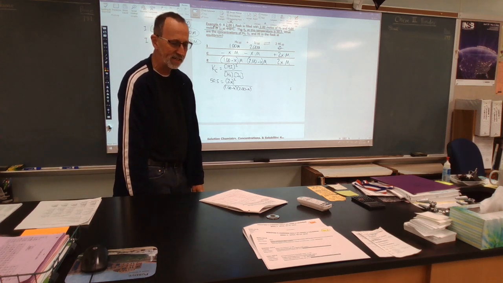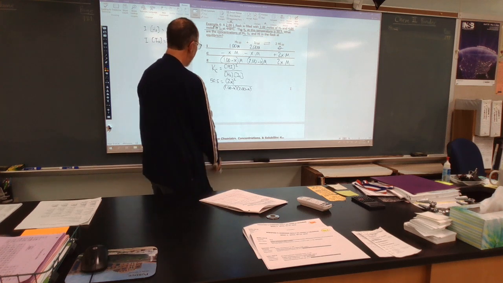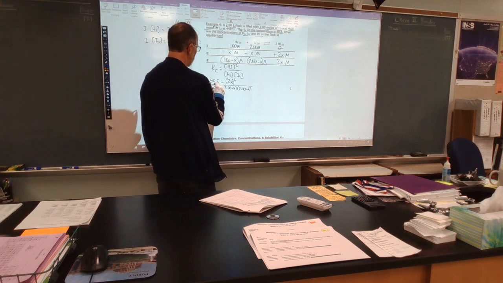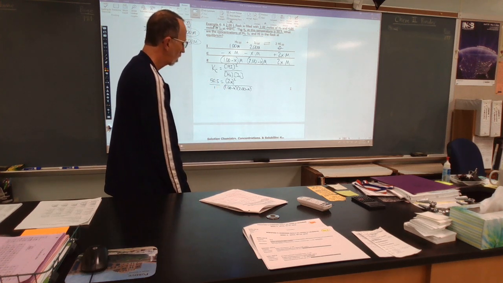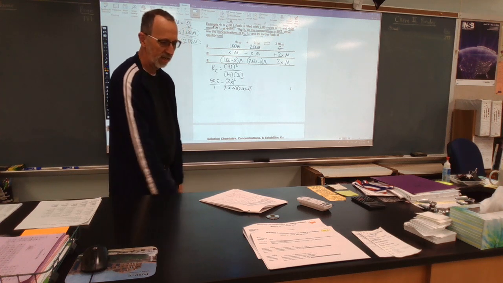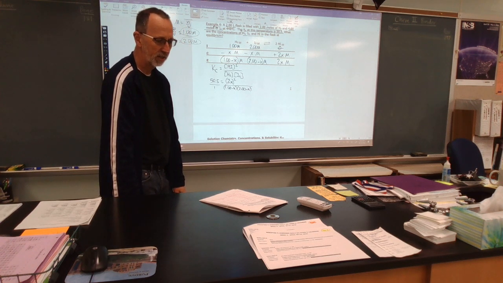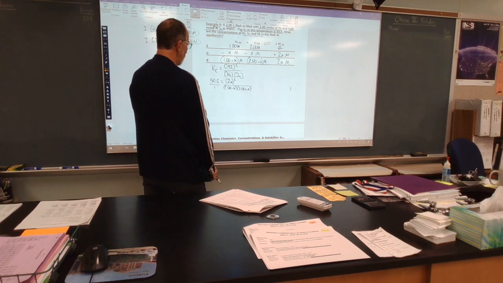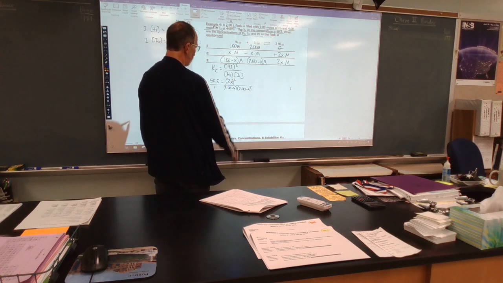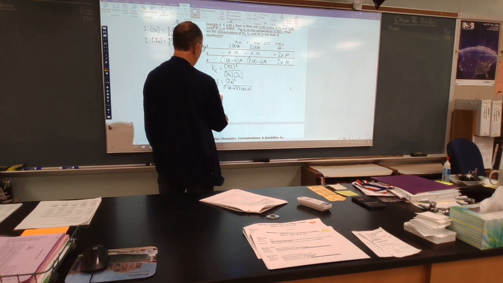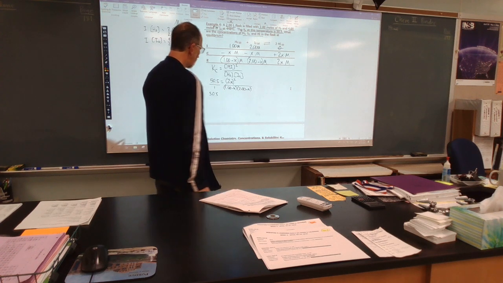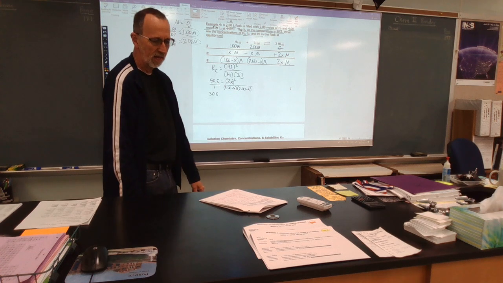Okay, so first things first, I am going to cross multiply this and get an expression here. Basically, if I cross multiply this, I have 50.5 times this quantity.